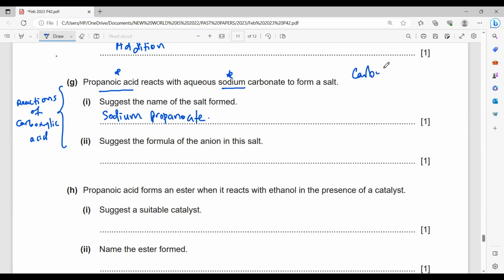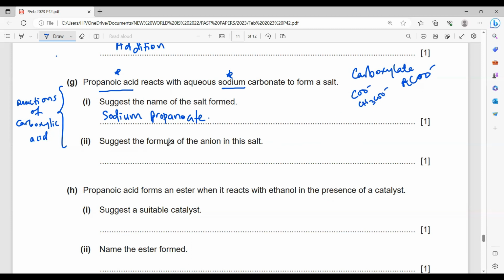Usually carboxylate ends in that format, so I can put R here. That's carboxylate. And another thing you need to know here is that if it's carboxylate, you can have methanoate. So this would be methanoate. And you could also have ethanoate, right? So take note of that.